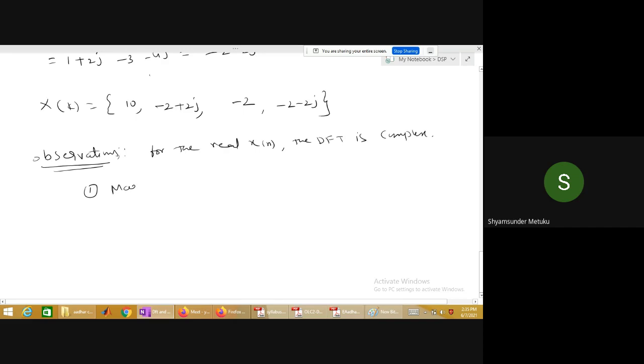One is called the magnitude spectrum, the frequency representation of the magnitude, represented by this notation. The other is the phase spectrum, represented by angle of X of k. Is it okay?